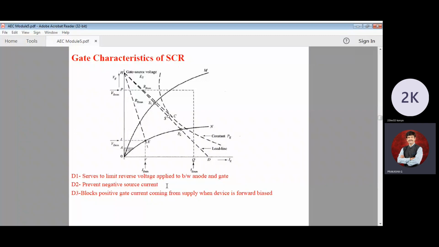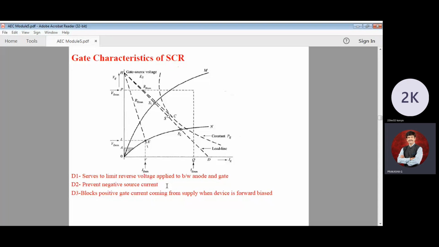We need to know what should be the R value, what should be the IG value, IG minimum, IG maximum. Based on that, I want to find the H and also, see here one more thing they have given. S2, S1. This is with respect to R max and this is with respect to R min.